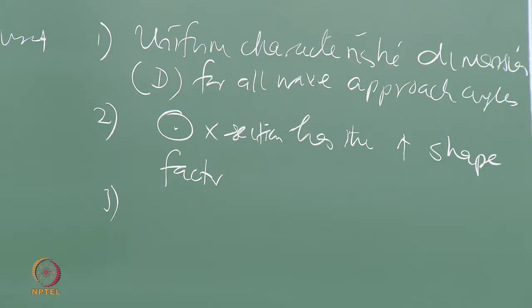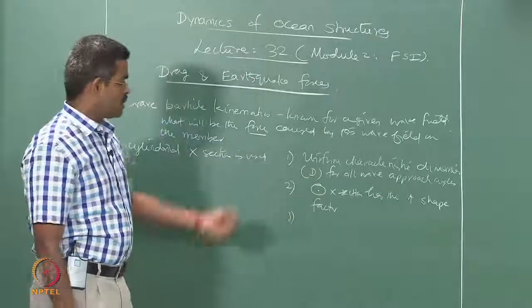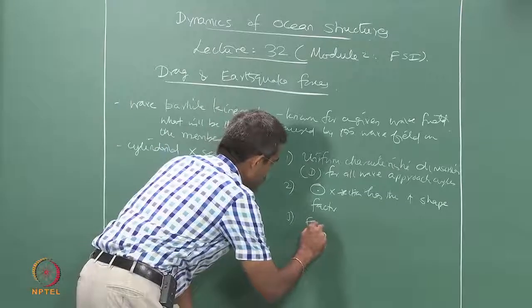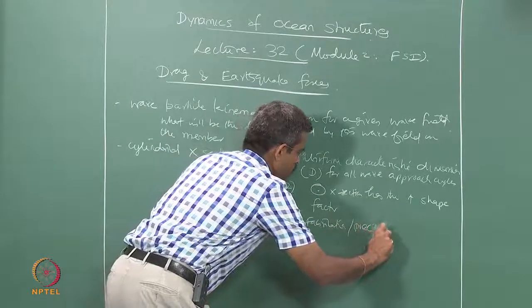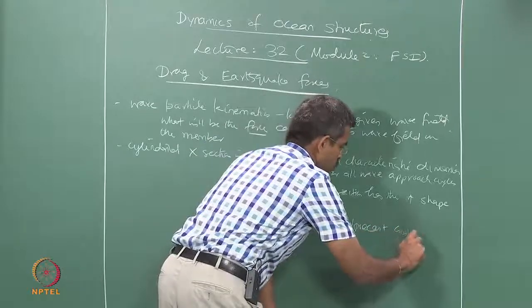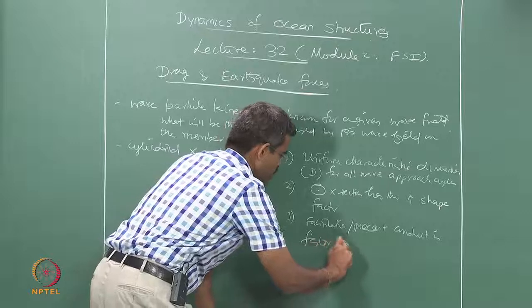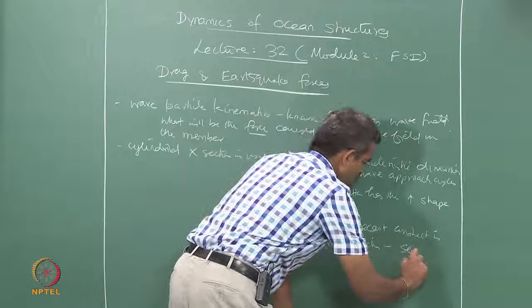Those who know limit state design or plastic design know the importance of shape factor in estimating the load carrying capacity of a given section. So, it has a higher number. Third is that fabrication and precast construction is faster with cylindrical cross sections, because we go for seam welding.